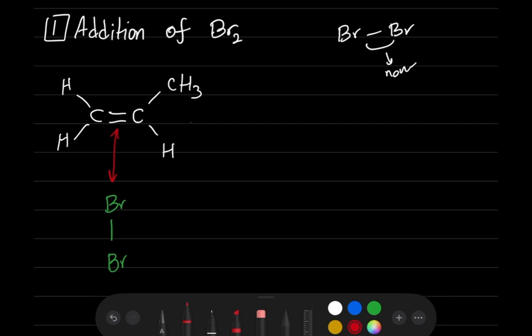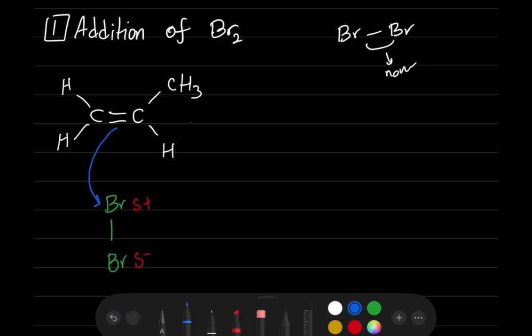This causes the electrons in the bromine molecule to flee to the side of the other bromine atom, causing this area to be partially negative. As a result of this process, the first bromine becomes partially positive. This process prompts the double bond to be attacked by an electrophile, which is Br2.